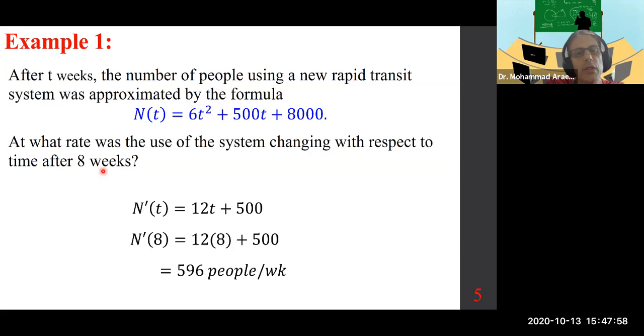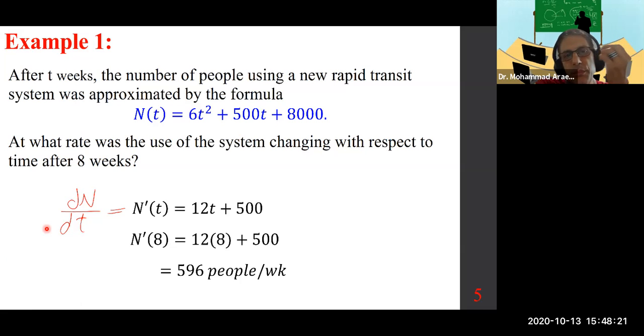per week. Okay, remember what n prime is if we rewrite it in the following manner, dn/dt in Leibniz notation, we can easily pick up the units. I want to make sure that we understand the units. So what does it mean?